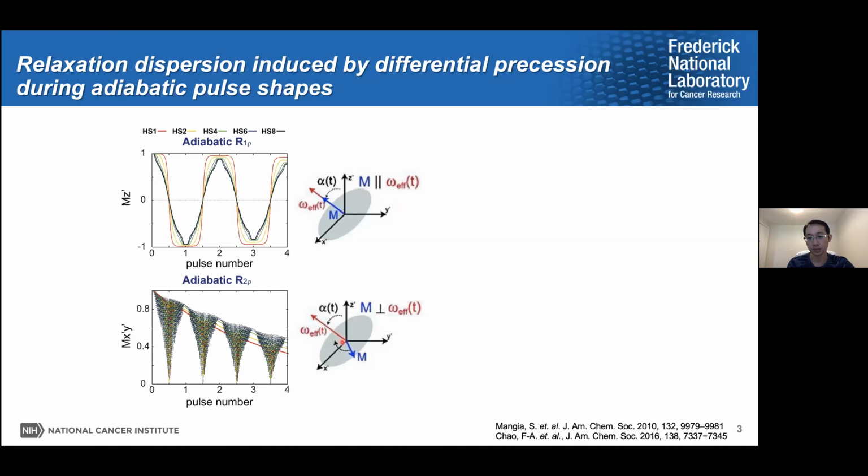When you project your bulk magnetization onto your transverse plane in the laboratory frame, you can see the trajectory is very sophisticated as compared to the adiabatic R1 rho. But if you really want to compare it with a conventional experiment, the best way is the CPMG experiment, which Andy already mentioned before.